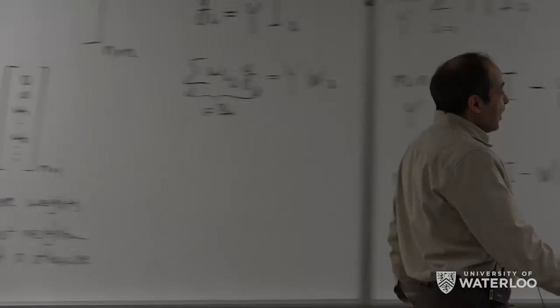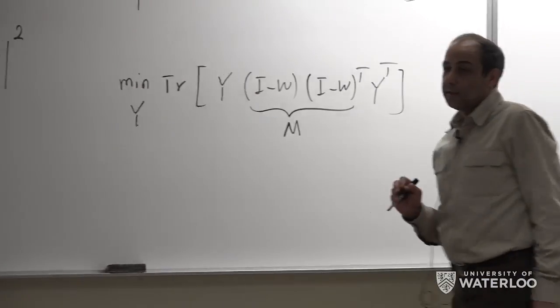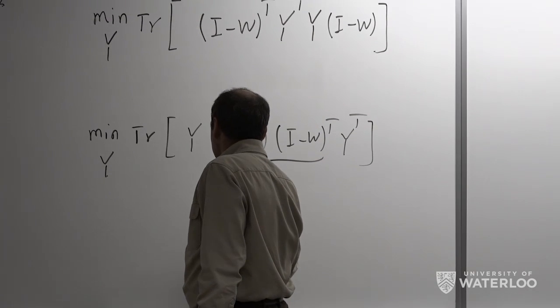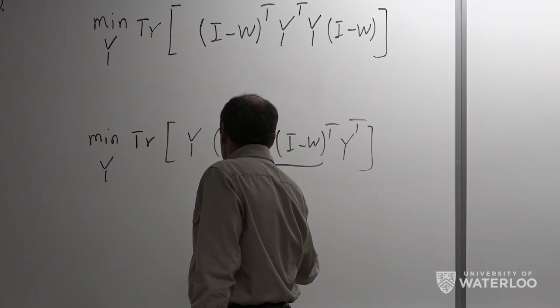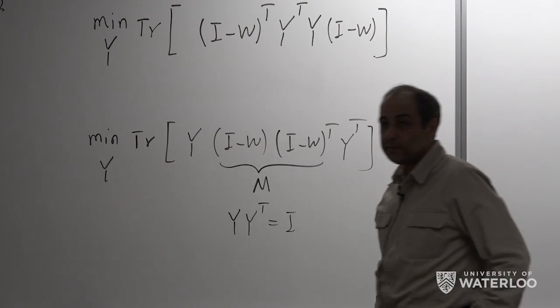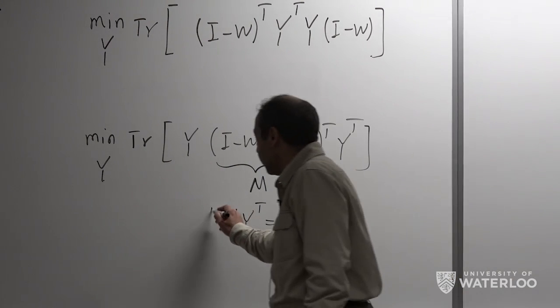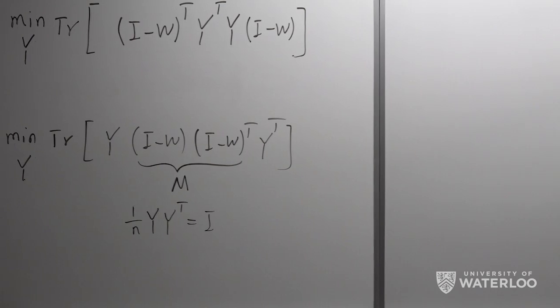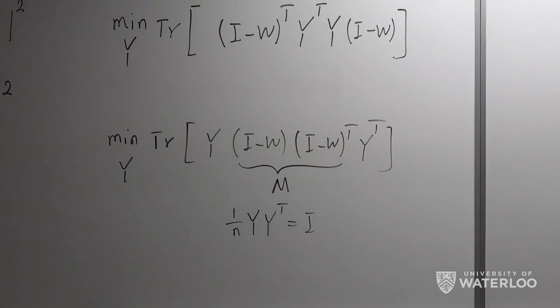Okay, without any constraint, the solution of this is 0. But let me add one of these constraints: Y transpose is identity, or 1 over n, Y transpose is identity. It doesn't change the solution except by a scale.